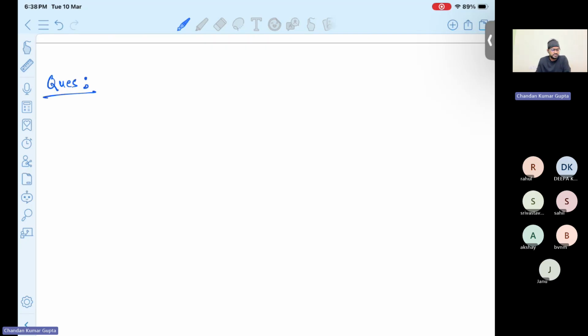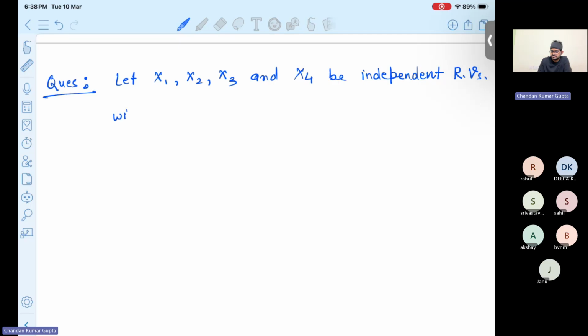The question 1 is: let x1, x2, x3 and x4 be independent random variables with respective means 1, 1 by 2, 1 by 3 and 1 by 4.